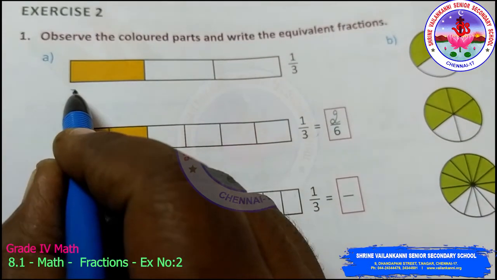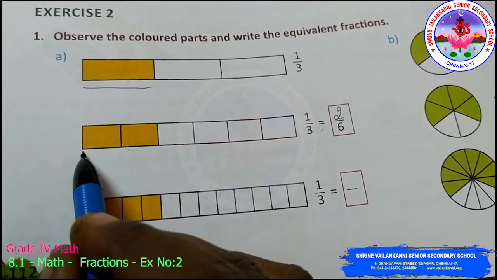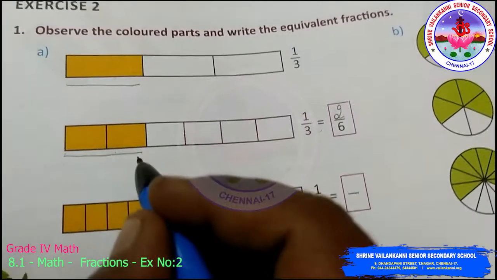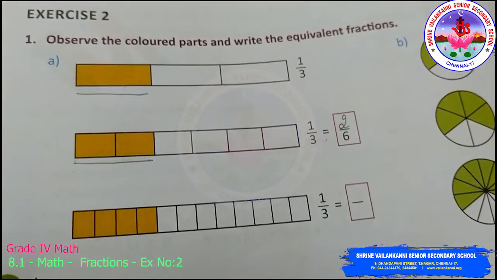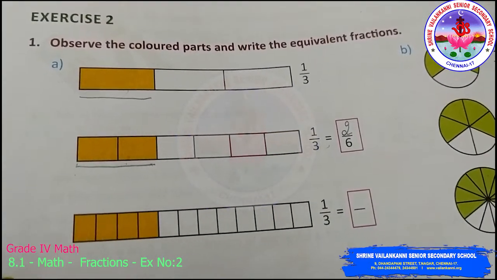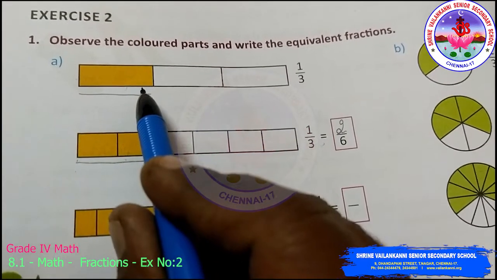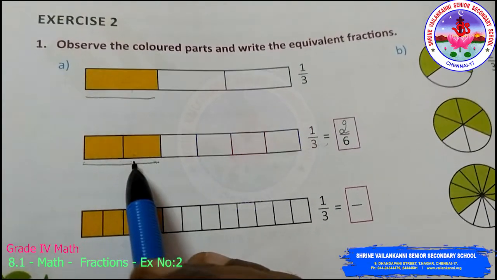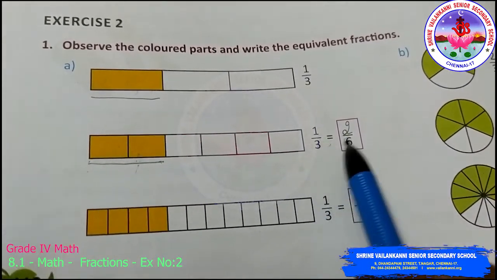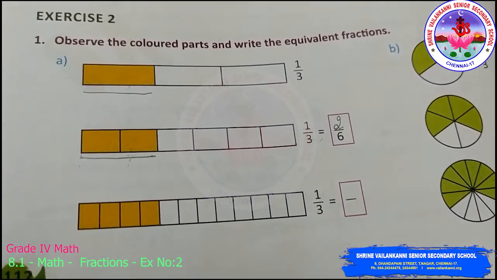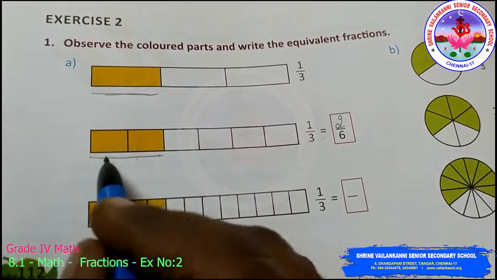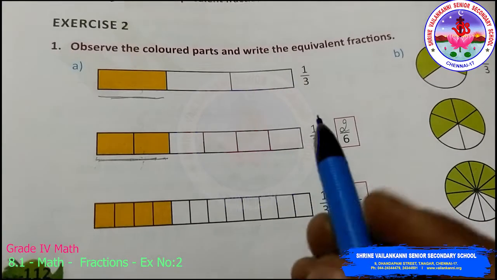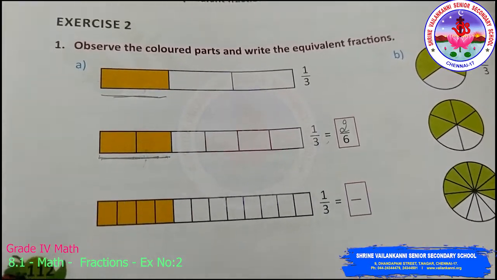From here to here, from here to here, the colored parts are equal, but here it is mentioned as one part and here it is divided as 2 parts. This 1/3 is equal to 2/6 because this part and this part are equal, and that is why this 1/3 is equal to this 2/6.